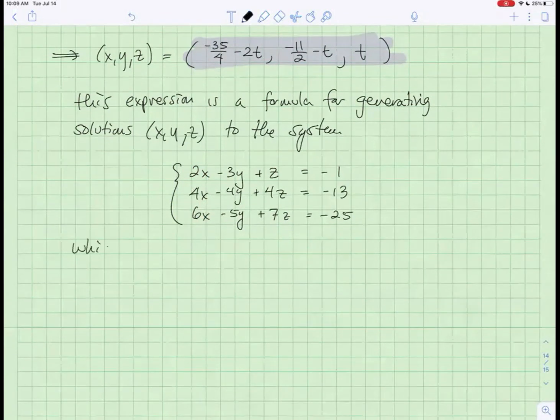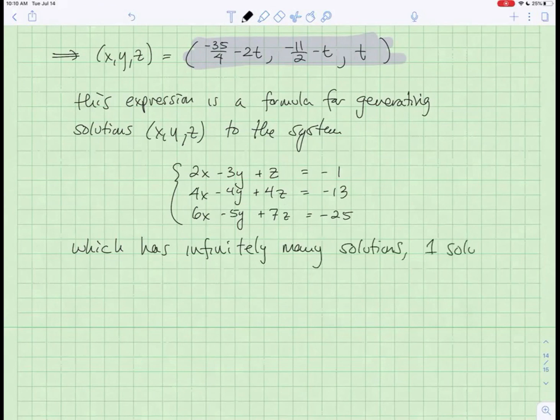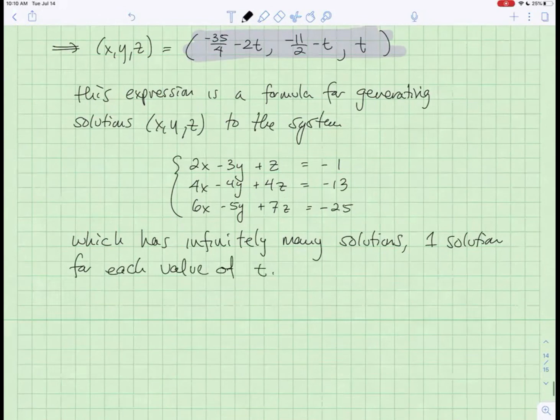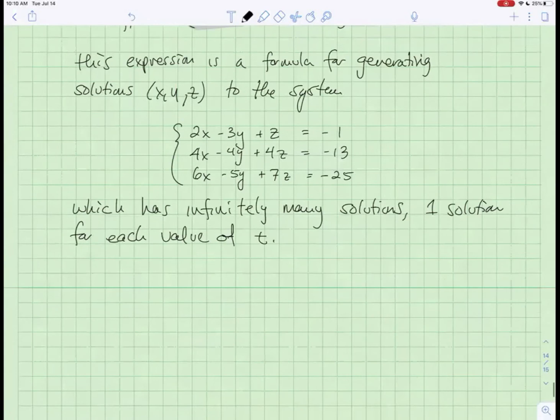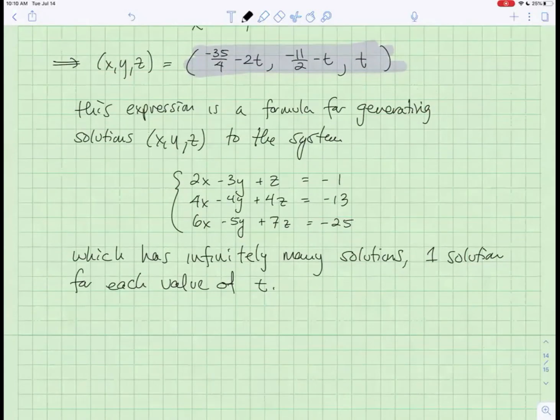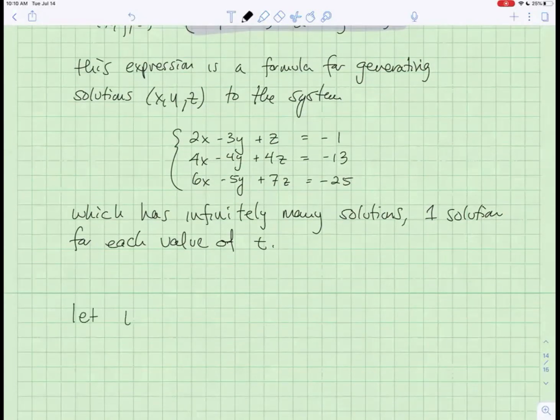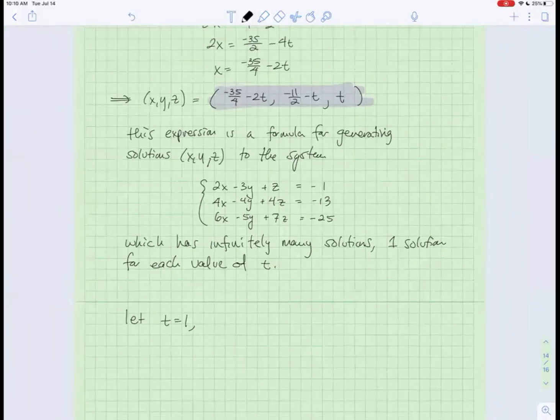Which has infinitely many solutions, one solution for each value of t. So let's say we let t equal 1. Then, oops, let's shrink this a little bit so you can see it.